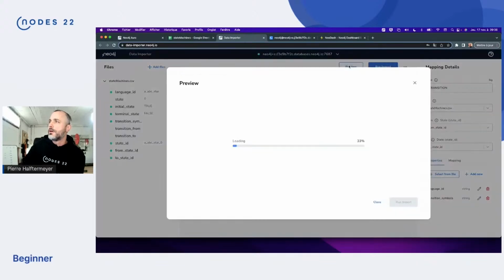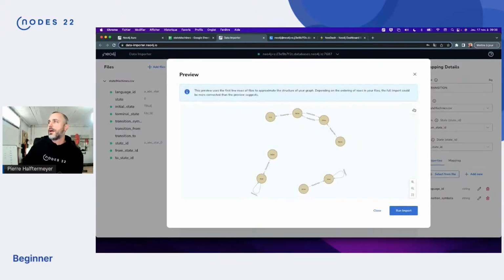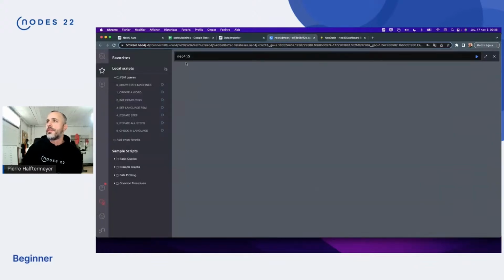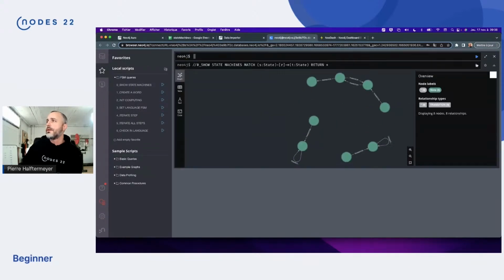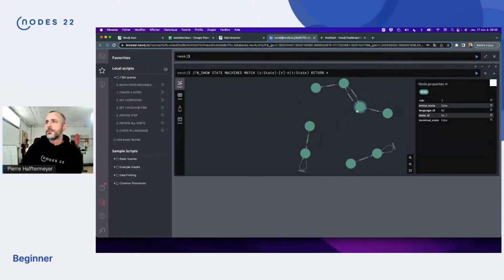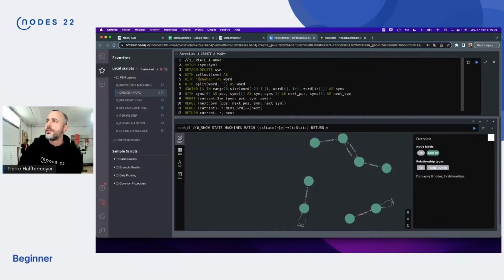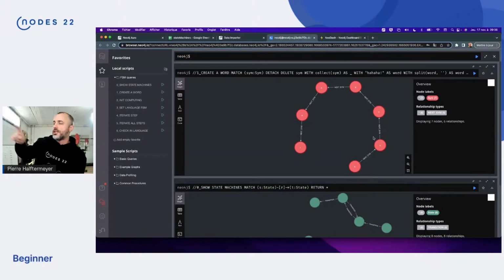There is no code. If I do a preview, I see my automata are in the database, so I can query them. I can show you all state machines with a very easy query. They are in my database. Then I can create a word to see if it works. I will create the word as a chained list of symbols.